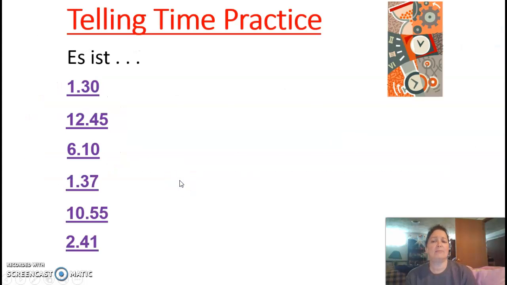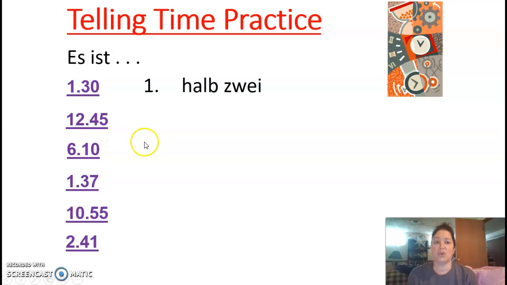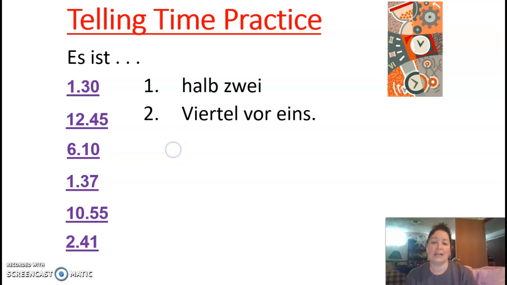So, telling time practice. If it's 1:30, you're going to say es ist halb 2. If it's 12:45, it's quarter till 1, so you're going to say es ist 15 vor 1 or Viertel vor 1. If it's 10 after 6, you're going to say 10 nach 6.